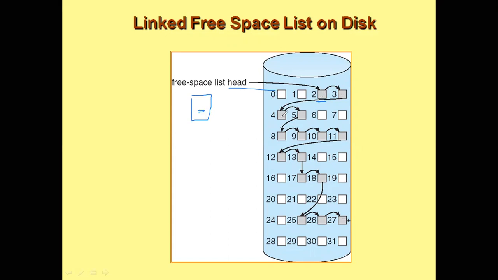The third block will contain a pointer to the fourth block, fifth block, eighth block, ninth block, 10th block. So the second free block points to the third free block, the third free block points to the fourth, and thereafter the sequence goes on. There is no wastage of space here, and there are few chances of getting contiguous allocation.